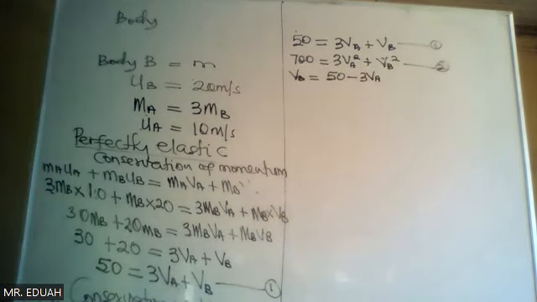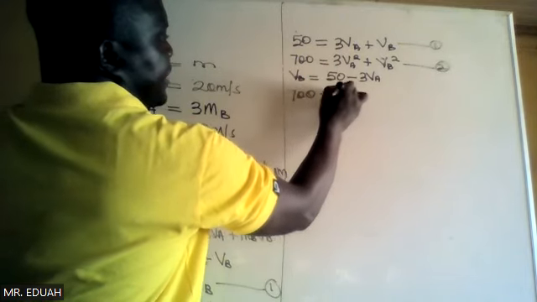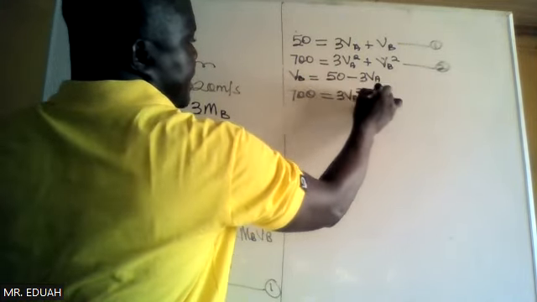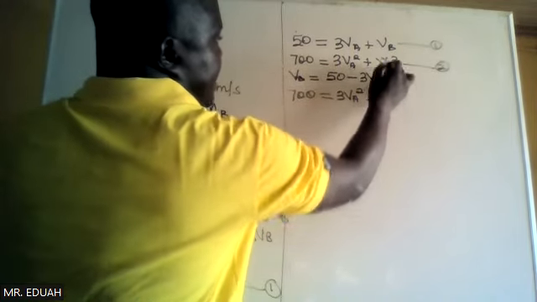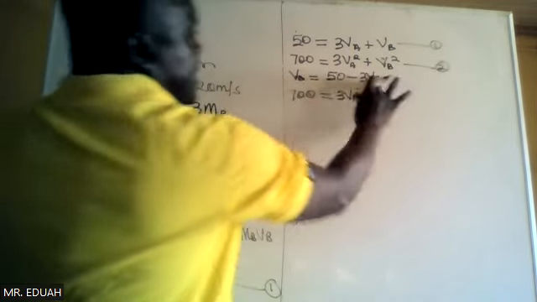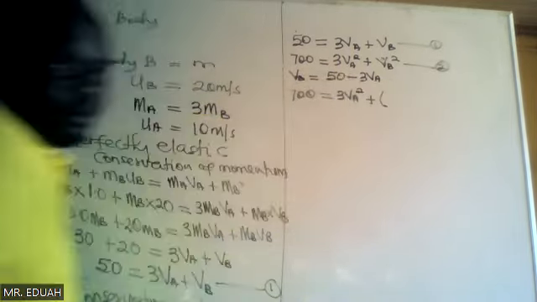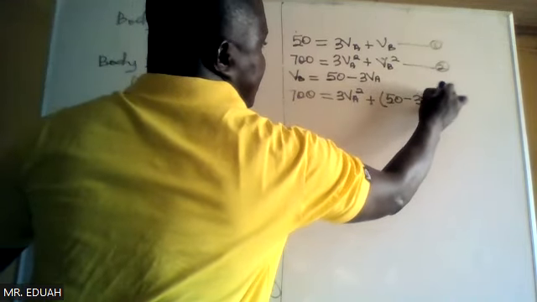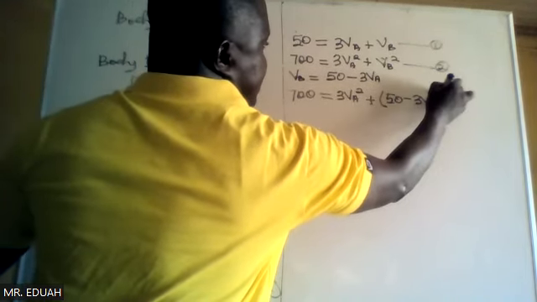So that we substitute this into equation 2: 700 is equal to 3VA squared plus VB squared. So wherever we see VB, we are going to substitute 50 minus 3VA and then square it.